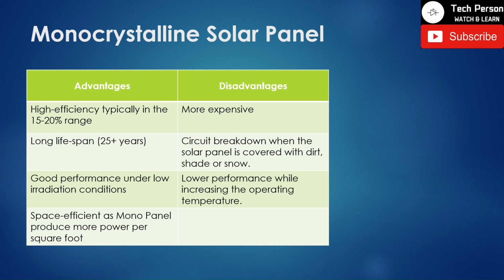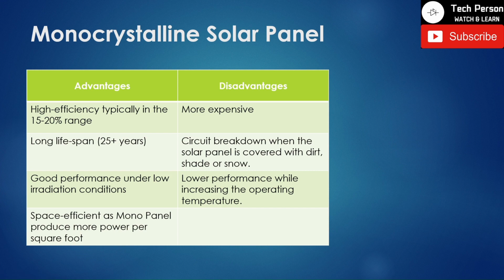One cell has this much efficiency. On the other side, they are the most expensive, and another advantage is that they have a long lifespan, typically more than 25 years.